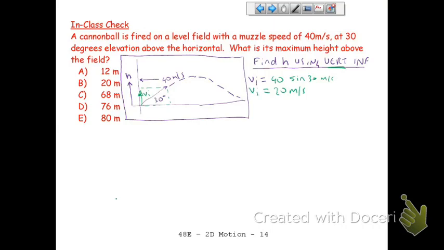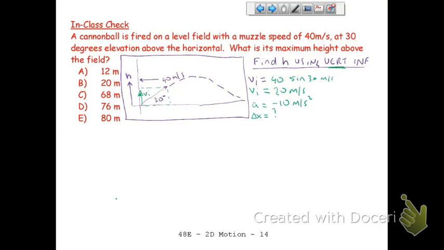But you can leave it as 40 sine 30 and see if something cancels. But it's just a number. And then A vertically is minus 10 meters per second squared. And then, let's have a look. I want to find my delta x.